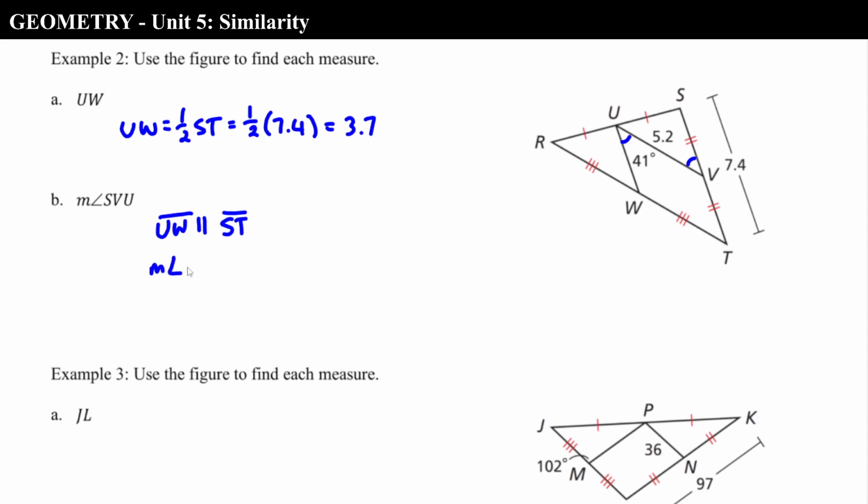So the measure of angle SVU is equal to the measure of angle VUW. And the measure of angle VUW is 41. So therefore, the measure of SVU is also 41 degrees.